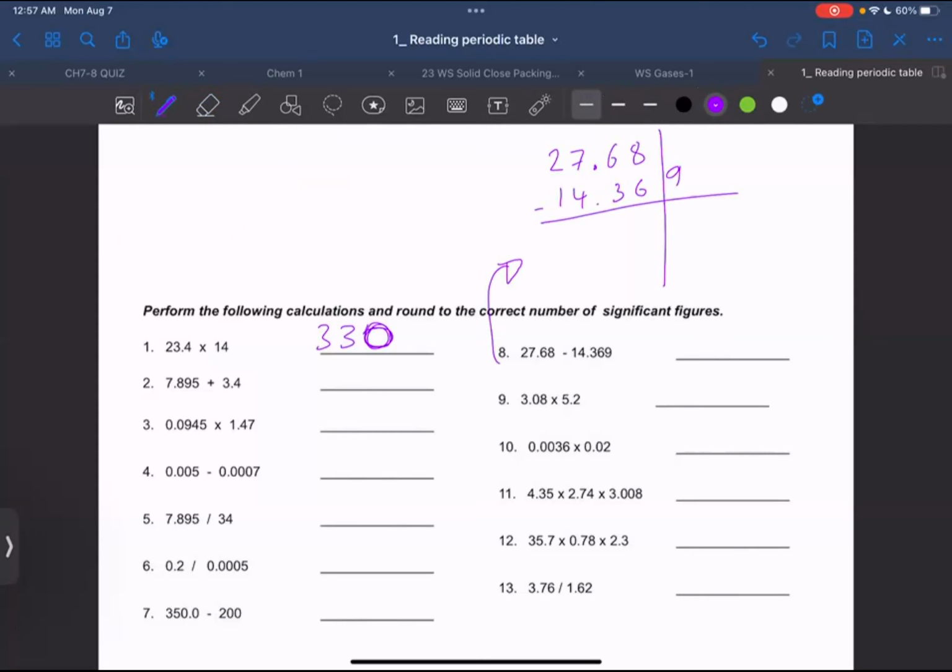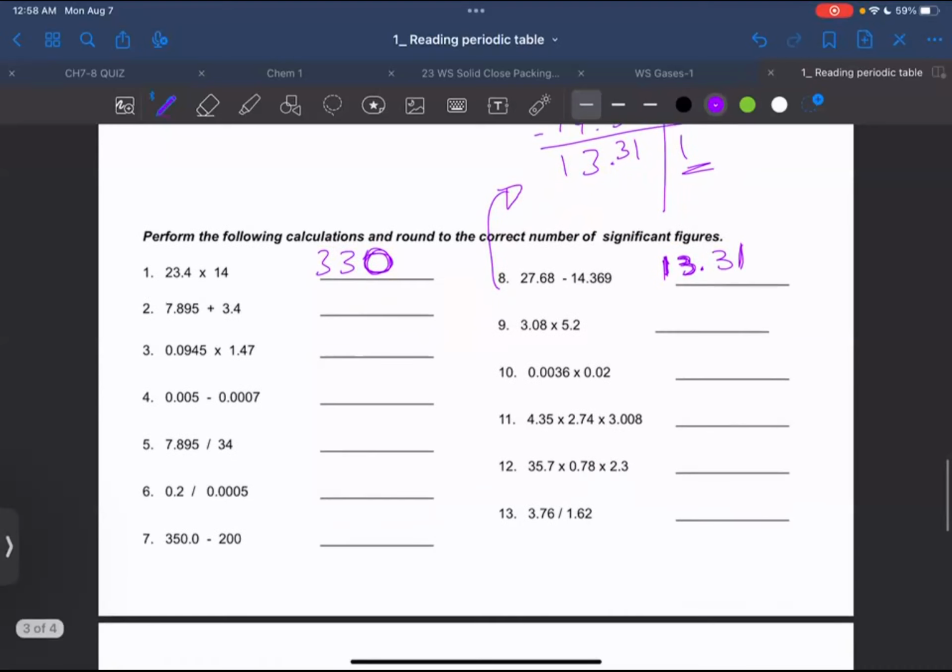That gave me 13.311. Okay, so that's what we're getting. So what you're gonna do is round it. Since this is 1, you round down. Therefore, this is just 13.31.